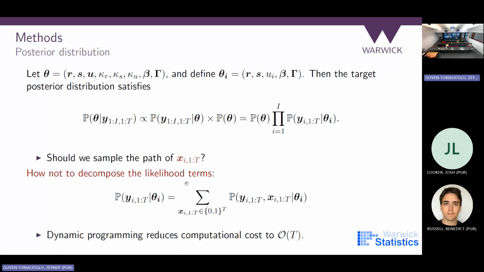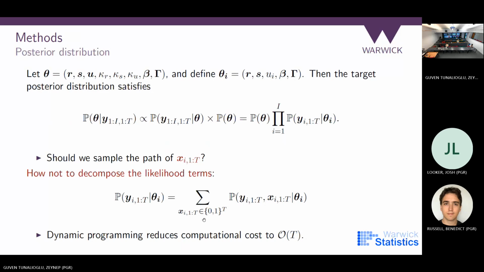So how not to decompose this, assuming that you want to exploit the probabilistic fact that the probability of the entire sample space should be 1, right? If you sum each of those probabilities, it should give you the full thing you want. So this is more like trying to marginalize out XIT in a statistical sense.